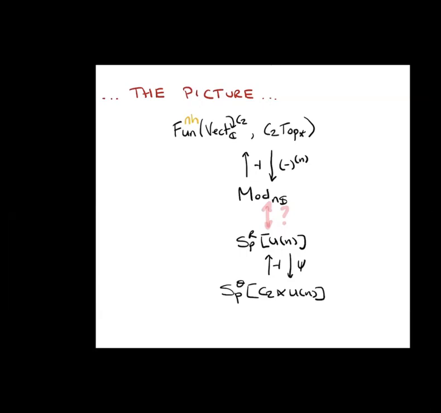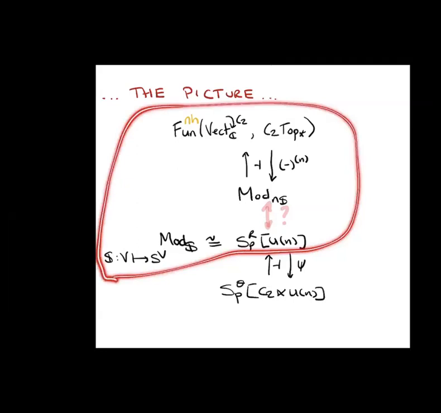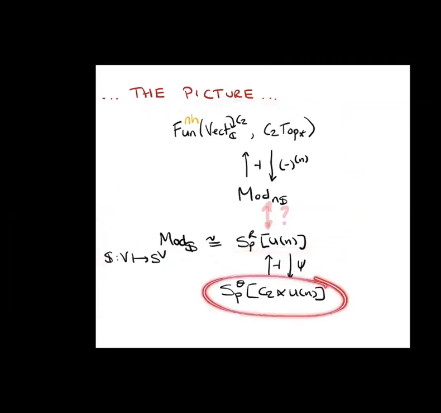So the first thing, if you stare at this category of real spectra for long enough, you see that it is exactly a particular category of modules over the sphere, where you send a vector space to its one-point compactification. The point is, here we're using complex vector spaces, and there we're using real.